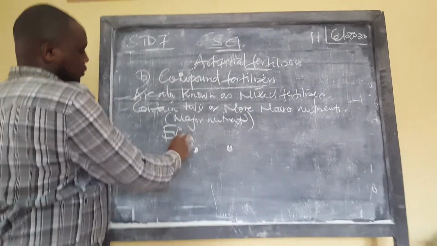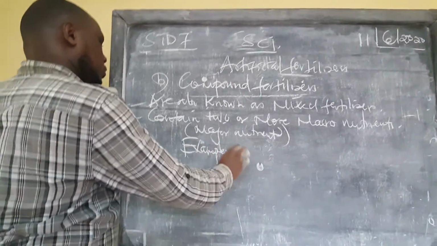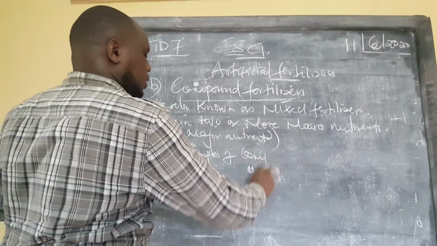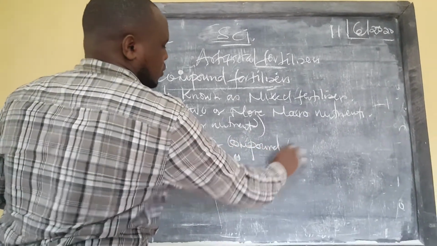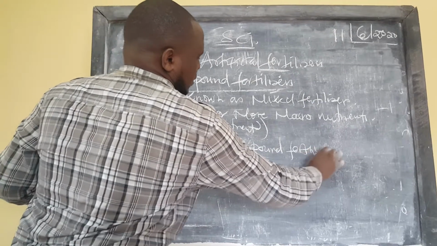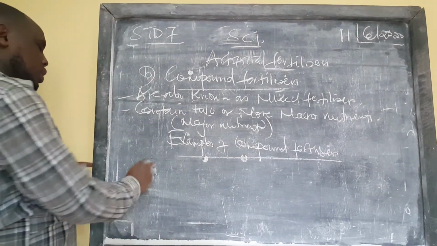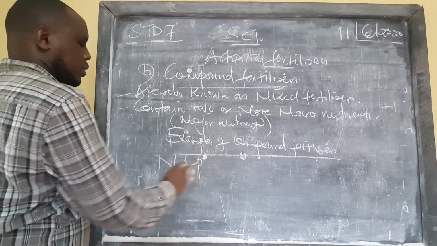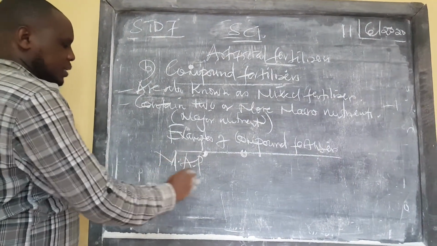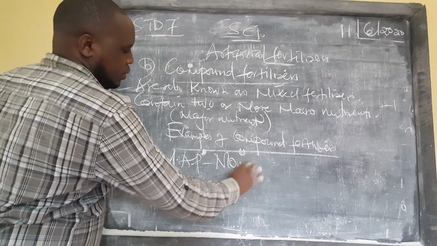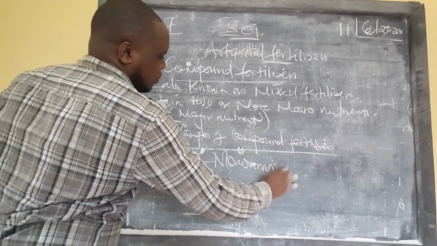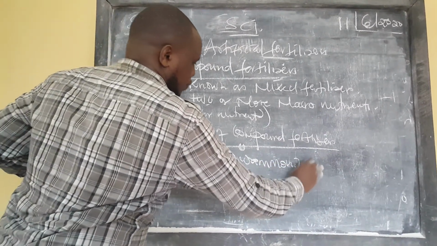Examples of compound fertilizers, or mixed fertilizers. Number 1, we have what we call MAP. MAP means monoammonium phosphate.